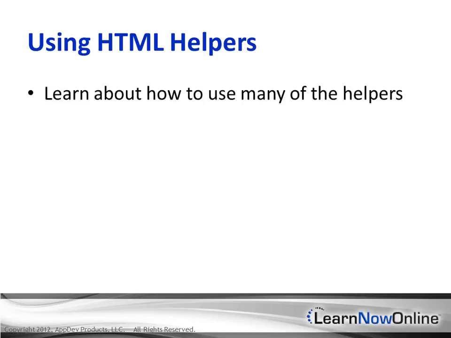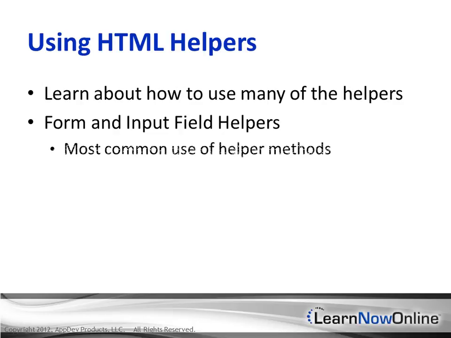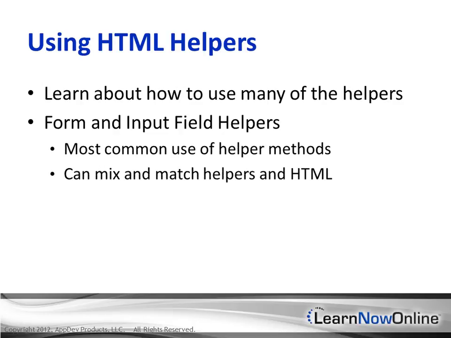First thing we need to do is learn about many uses of the helpers. Most of these are form and input field helpers. These are very common. These can mix and match with the HTML, so you could actually have some standard HTML input forms if you needed to, right up against using Html.Label, if you will.